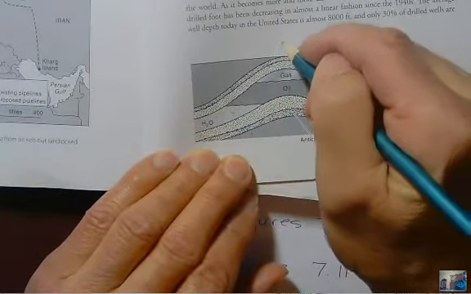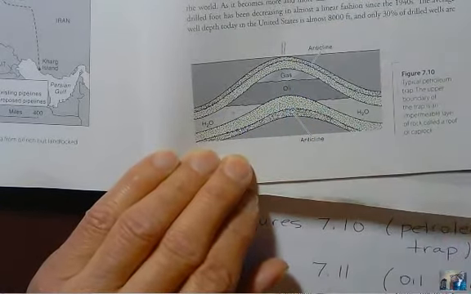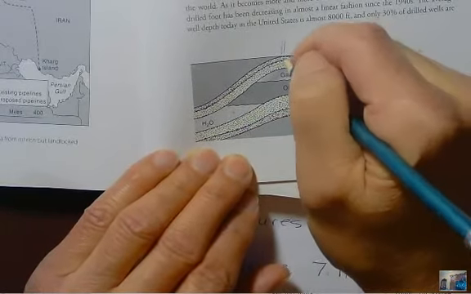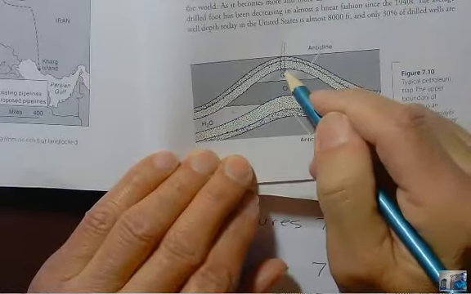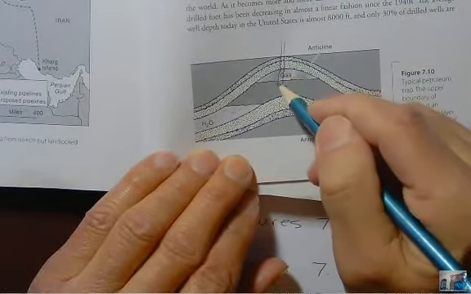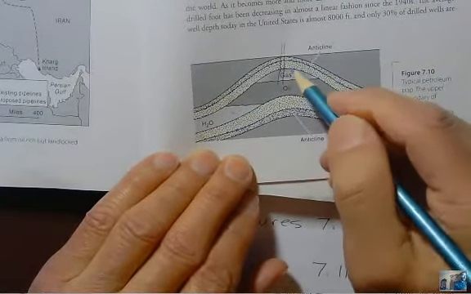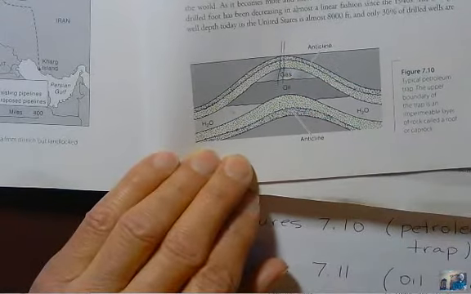Okay? So if you put an oil well right here, if you could find these kinds of structures, you could puncture through these two and collect the oil from down here, and then eventually the associated gas that's on top of it.